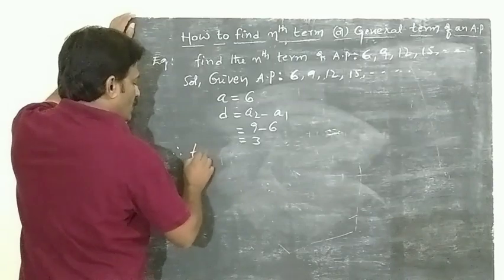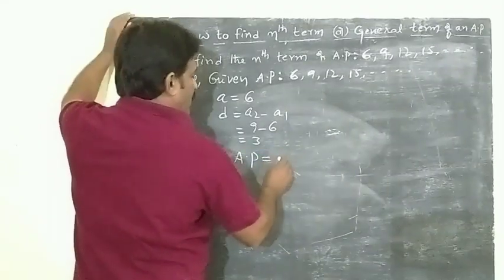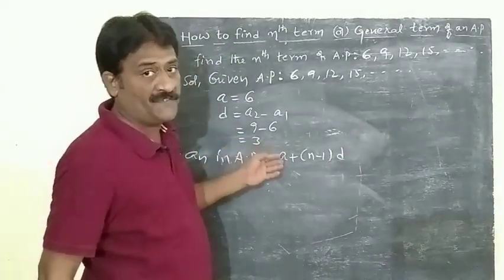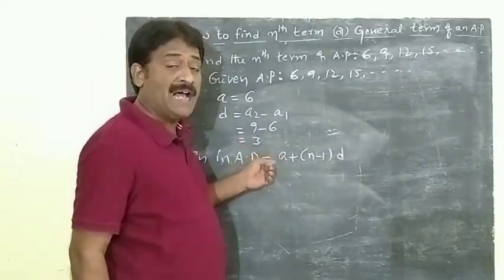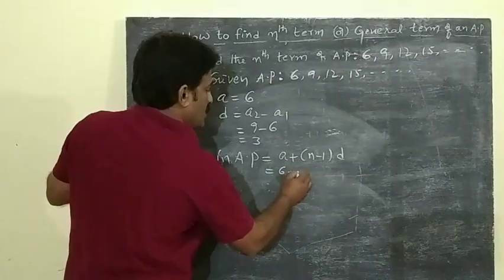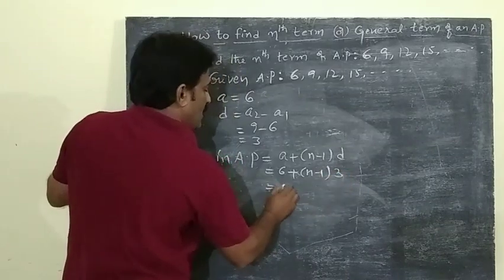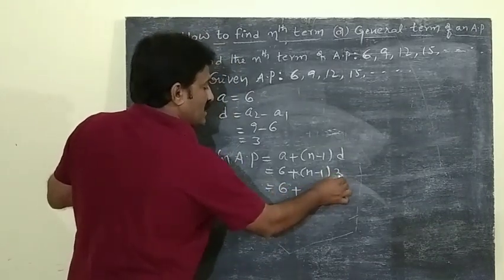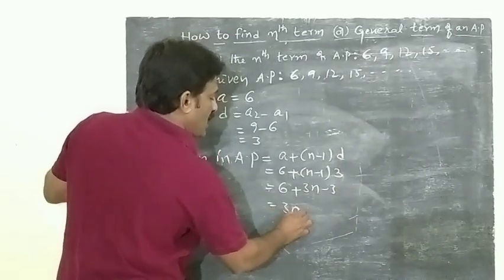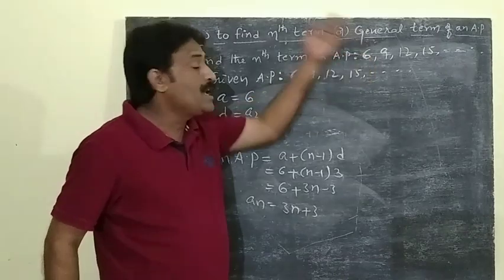Therefore an in AP is equal to a plus (n minus 1) into d, that is 6 plus (n minus 1) into 3, which is 6 plus 3n minus 3, equal to 3n plus 3. It is the nth term of this AP.